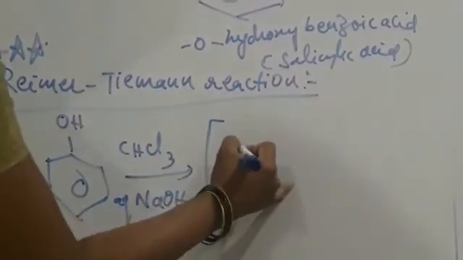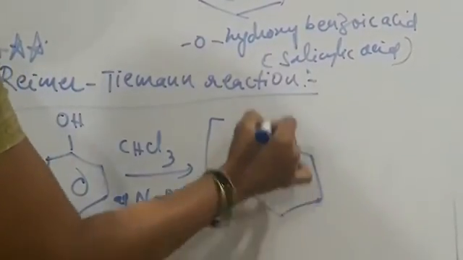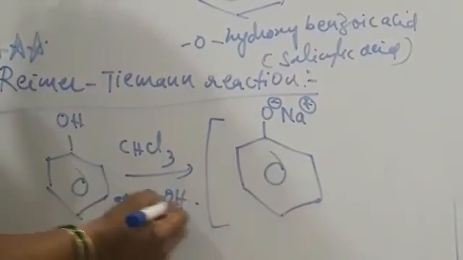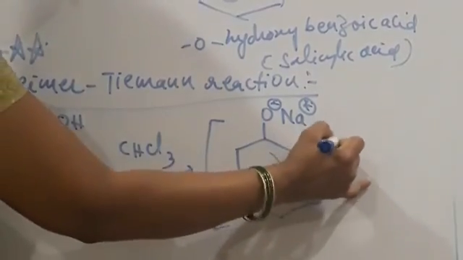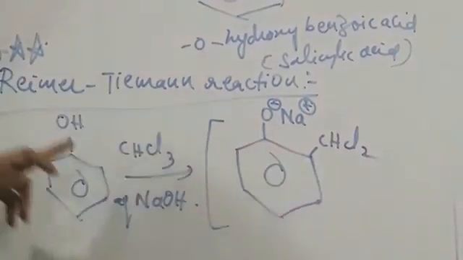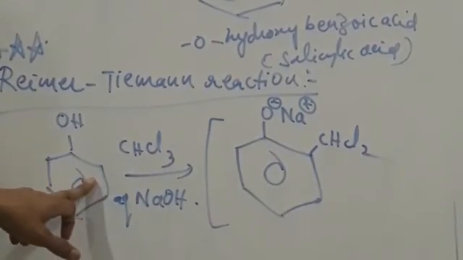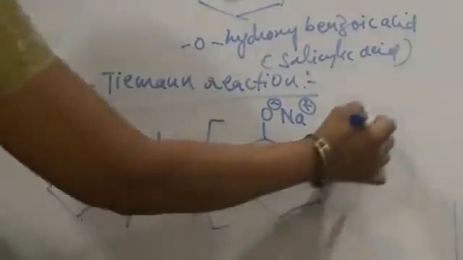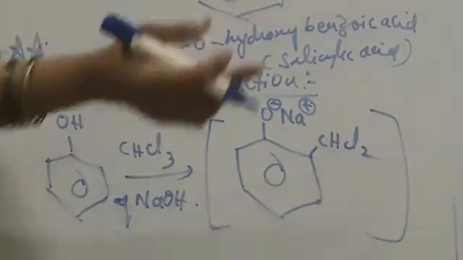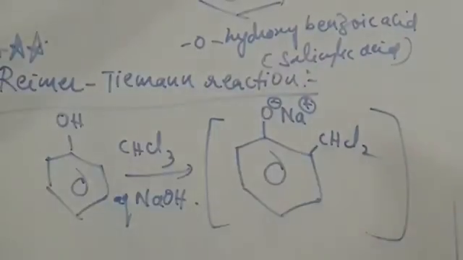Here the OH group converts into ONa, the phenoxide group, and the electrophile, which is CHCl2, attacks at the ortho position. And this is the intermediate compound. The intermediate compound further reacts with sodium hydroxide. The intermediate compound is also called the benzyl chloride compound.